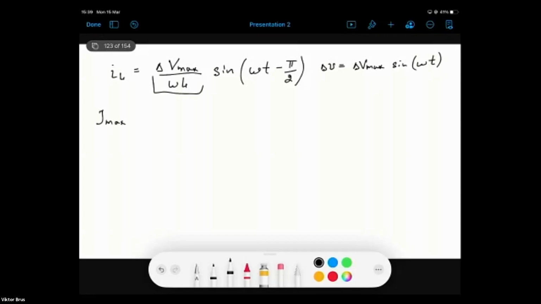So this is equal to delta V maximum divided by omega L. This denominator, omega L, is a kind of opposition to charge flow for an alternating current signal in an electric circuit.